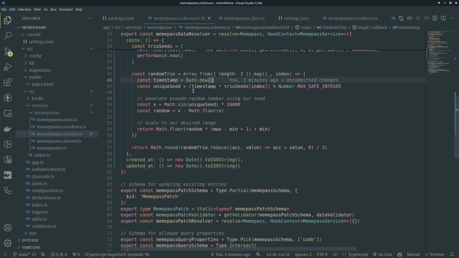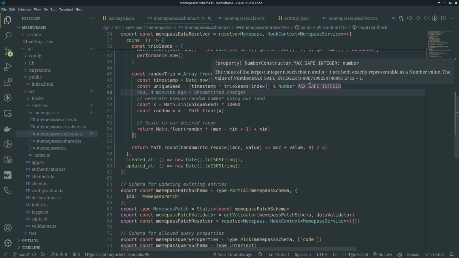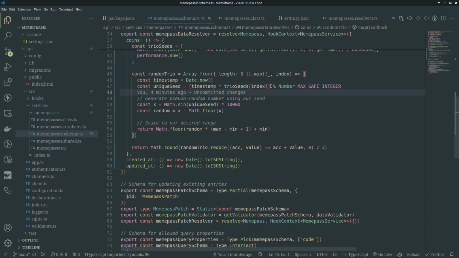What we did was multiply the current timestamp with the seed, and then do some modulus arithmetic to ensure that it's within this range. Because in the process of multiplying, the numbers might go very big, so to keep the numbers within this range, we did this, so I won't have negative numbers in case.